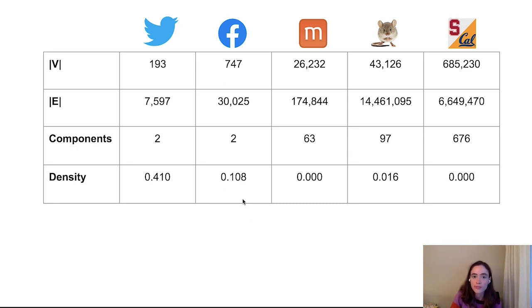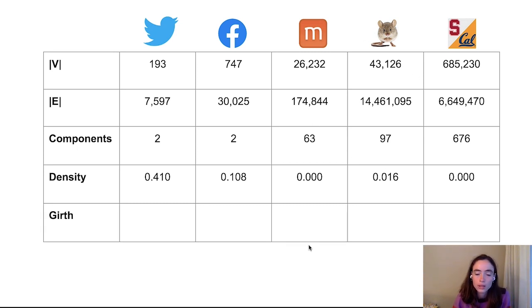And that's because the number of possible edges, the number of vertices choose 2 function, just grows really fast. So even these 14 million edges are only achieving a density of about 1.5%. So really dense graphs are not very common for large data sets.